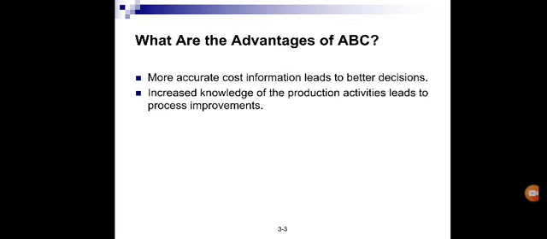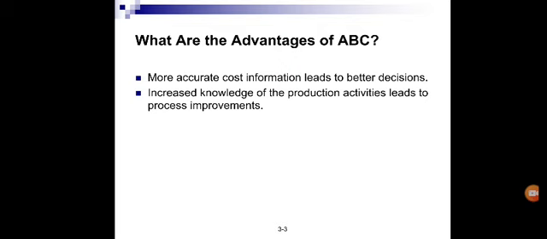The basic reason why ABC provides more accurate cost information is that ABC uses more allocation bases compared to traditional costing. In the scenario that we have seen earlier, if you use the traditional costing system, you use only one allocation base. When you use ABC, you will use 5 allocation bases. So the more allocation bases, the more accurate your cost allocation.